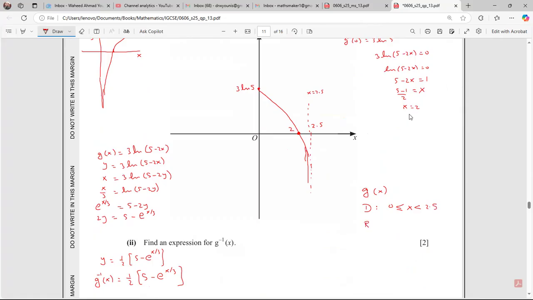And the range: y was less than or equal to 3 log 5. Okay, it goes to negative infinity.